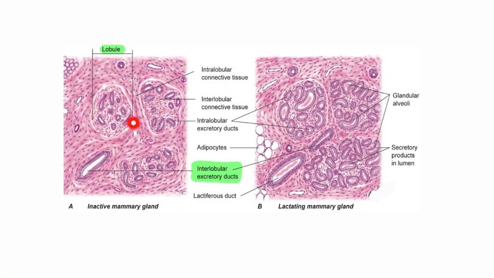This is a lobule in inactive mammary gland, whereas in lactating mammary gland, can you see these ducts, intralobular duct, and these glandular alveoli? These glandular alveoli are filled with secretory product.